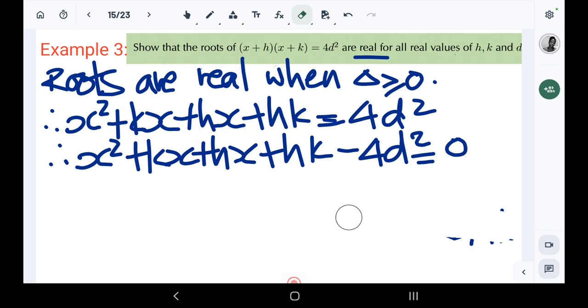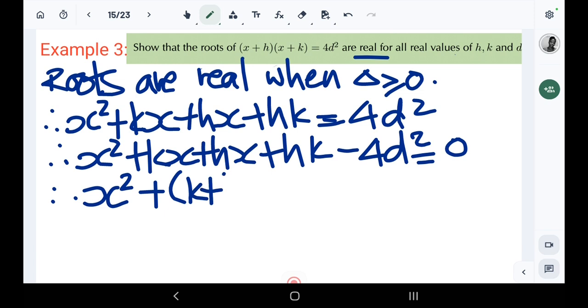Now let's arrange all the x squareds together, x's together, and constants together. X squared goes alone, so that is x squared. And then the x's are kx and hx, so that is plus k plus h, x.